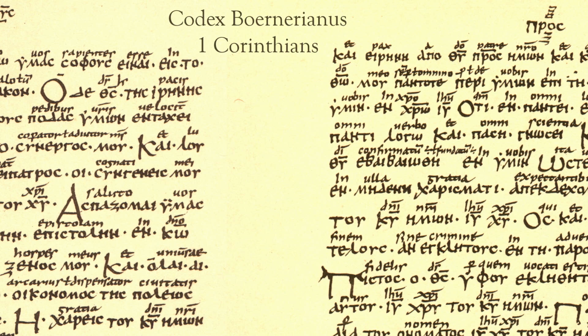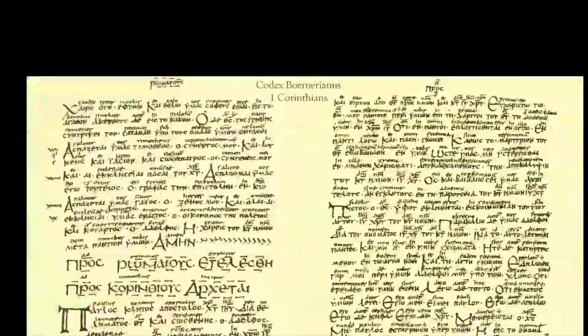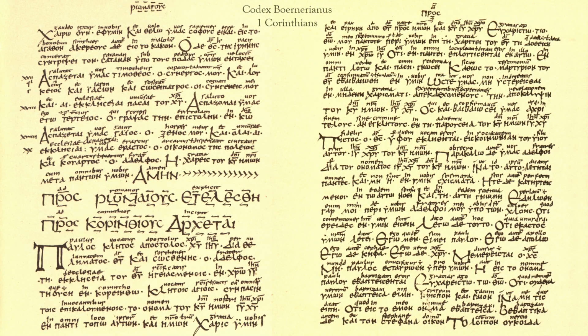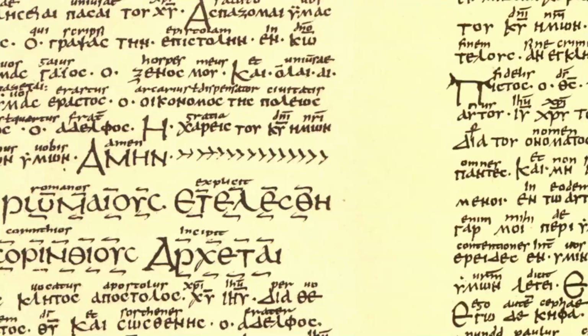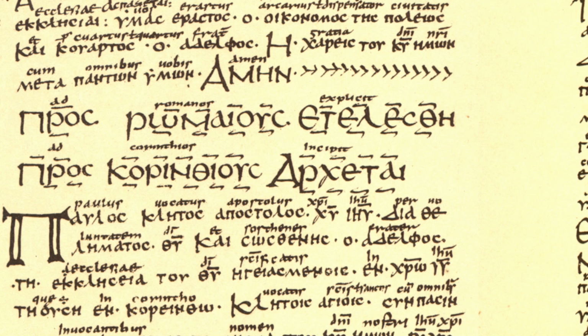It's the ending of that book, and then you have pros Korinthious arche, which means the beginning of to the Corinthians. Above it says ad Romanos explicit, and above the Corinthians part, ad Corinthios incipit. So we see that once again this is an interlinear for these versions.